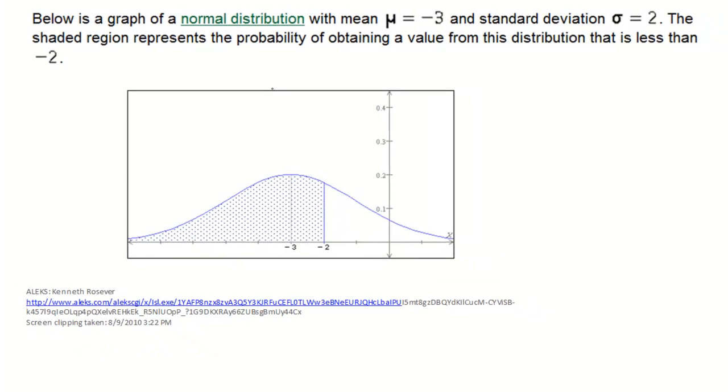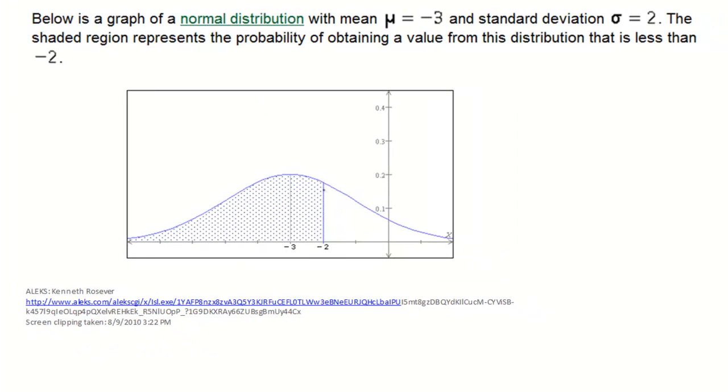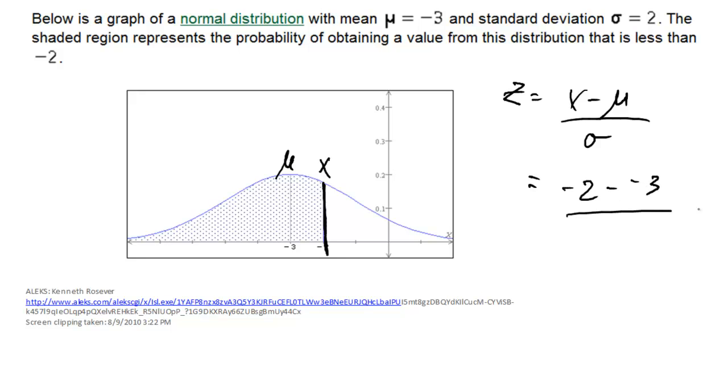All right, here's what we have. Marking this off, this is -2. That is the x value we're interested in. Mu is -3. So if we find the z-score, it's going to be x minus mu over sigma. So it is -2 minus -3 over sigma, which is 2. When you have a double negative, that becomes a plus, and -2 plus 3 is 1 over 2, which is 1/2.